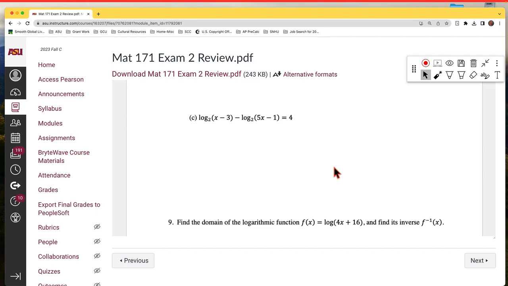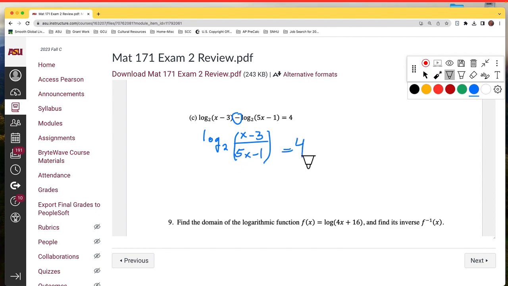So on C, notice we've got subtraction here, and we've got two logarithms. They have the same base, which is important. So we can rewrite this as log base 2. When we're subtracting, we divide the two, right? So this is going to become log base 2 of x minus 3 over 5x minus 1 equals 4.